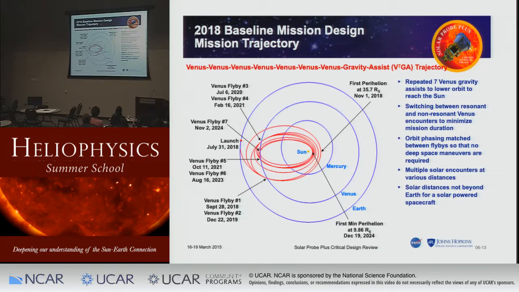Oh, and I should also say that when we're at this perihelion altitude, the spacecraft's Keplerian velocity is almost 200 kilometers per second. So at that point, people are saying anecdotally, and I don't know how one would verify this, that Solar Probe will be the fastest ever object made by humans.